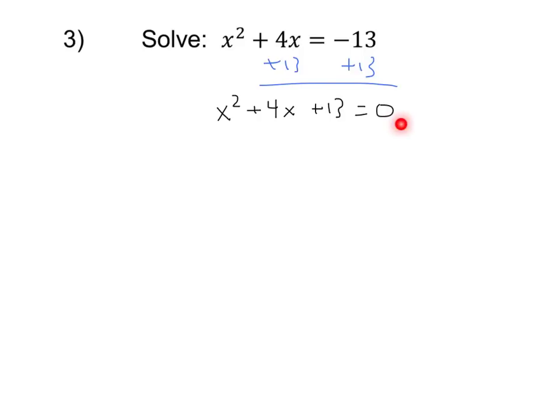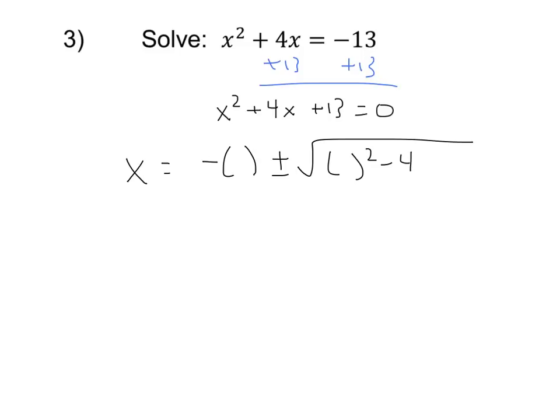All right, let's go ahead and plug into our quadratic formula. Okay, so our b value this time is 4, so the opposite of 4, plus or minus the square root of b squared, so this is going to be 4 squared, minus 4 times our a value, this time our a value is 1, times our c value of 13, all divided by 2 times a, our a value is 1.